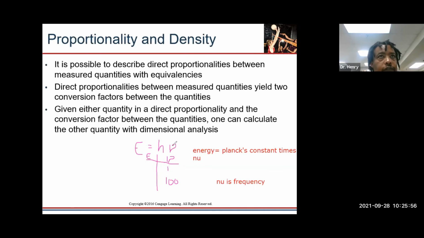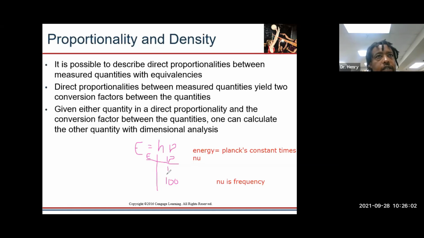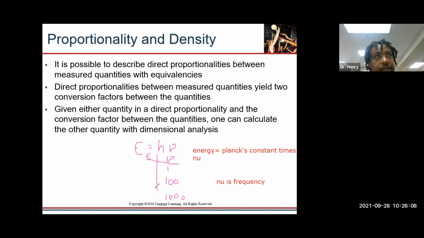If we put in 1 for nu, my energy is going to go up by 100. If my frequency goes up from 100 to 1,000, then my energy is going to go up by 1,000. Because this guy is going to be 1h, this guy is going to be 100h.